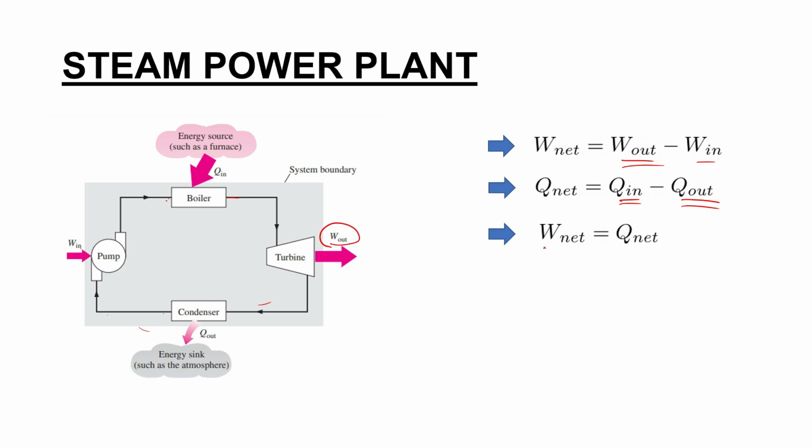According to the first law of thermodynamics, for a cyclic process, you know that the cyclic integral of Q is equal to the cyclic integral of W. So W net is equal to Q net. That means W out minus W in is equal to Q in minus Q out. So this is all about the steam power plant, an example of a heat engine.